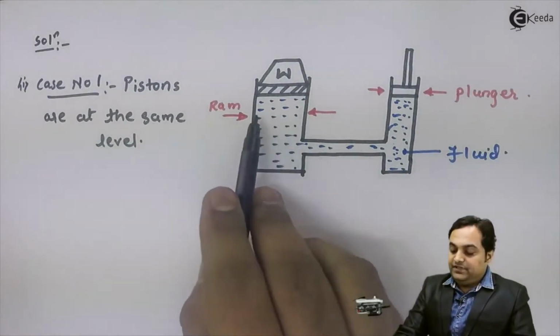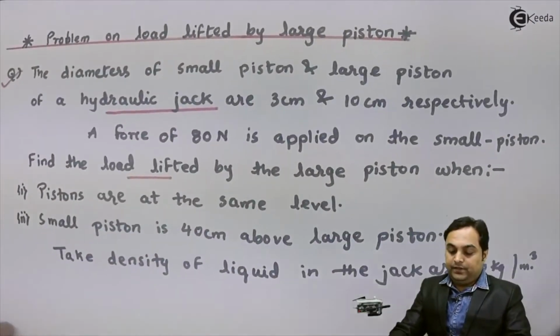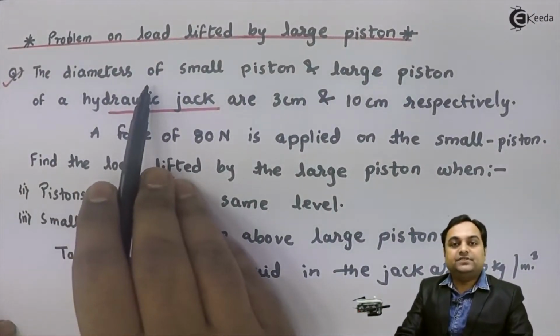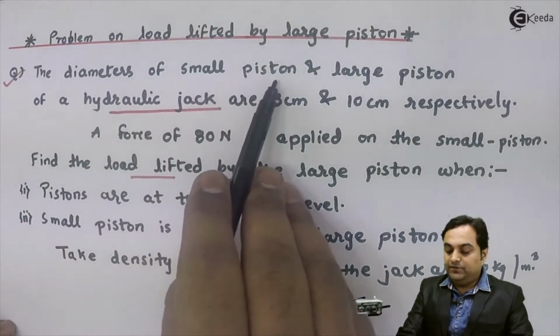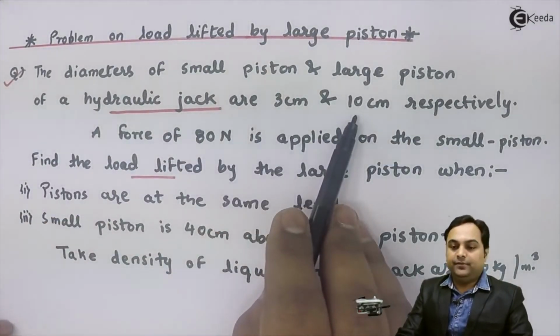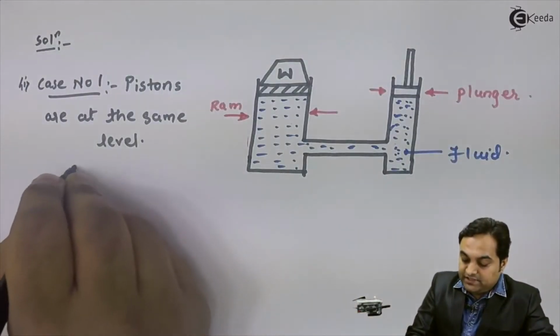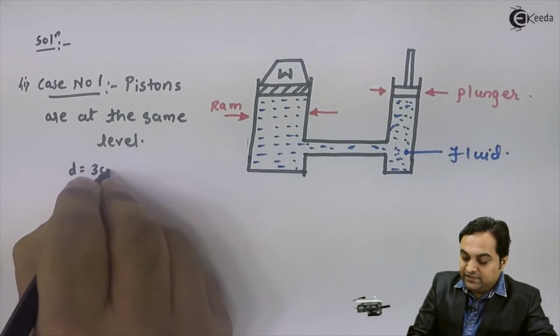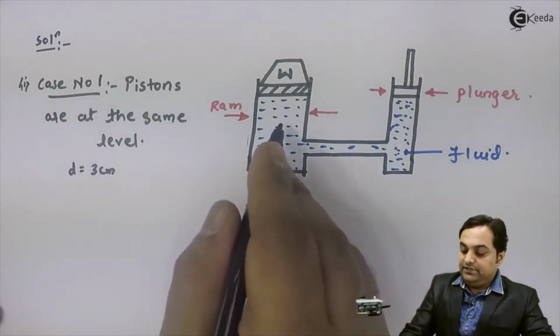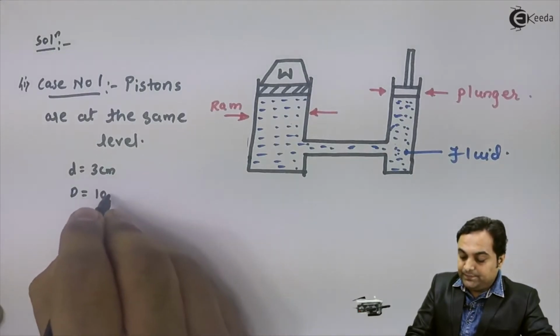And when the pistons are at the same level, first of all, the diameters of the pistons are given. The diameter of small piston and large piston of hydraulic jack are 3 centimeter and 10 centimeter. So 3 centimeter is the diameter of smaller end. So I'll keep this as small d equal to 3 centimeter, and diameter at the ram, that is capital D, equal to 10 centimeter.